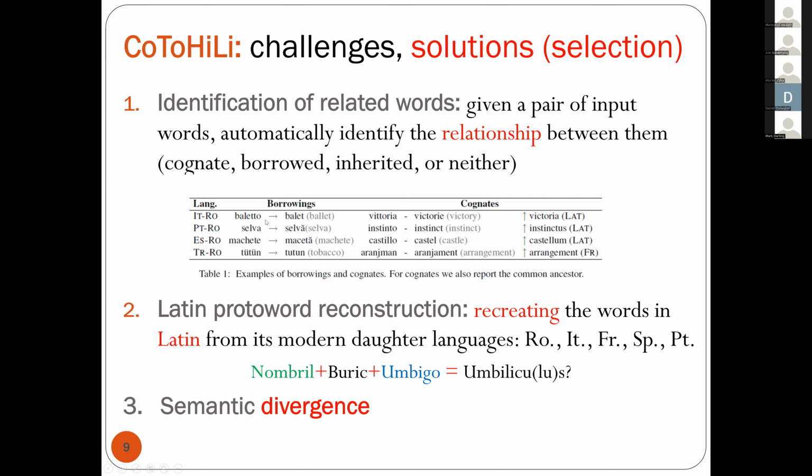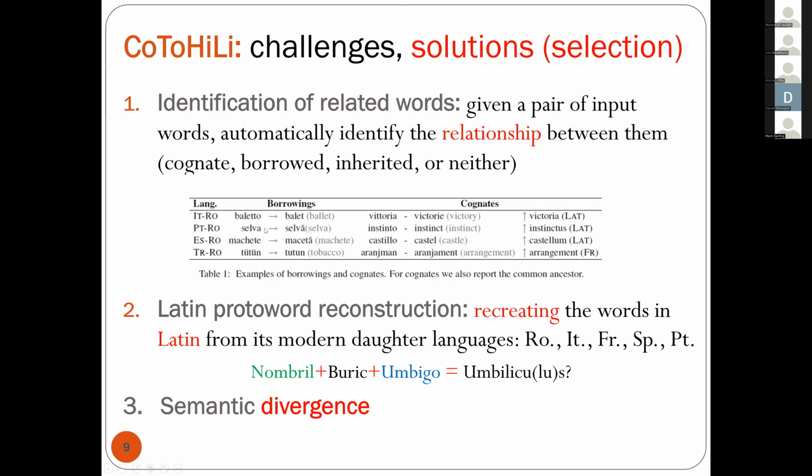I present here some pairs of words from Italian and Romanian, Portuguese and Romanian, Spanish and Romanian, and Turkish and Romanian. Here are the borrowings: balletto, ballet for ballet; macchetta for machete; tutun for tobacco.